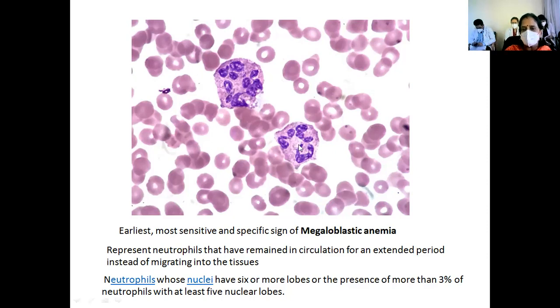So what does it suggest? I'm asking you. I said, don't call this a Barr body, call this a drumstick. It may represent the sex of the individual. Don't you think that if we are given a peripheral smear, we would be able to say the sex of the individual? Yes. So the presence of this hypersegmented neutrophil is a very sensitive and, I should say, the earliest indicator or specific sign of megaloblastic anemia.